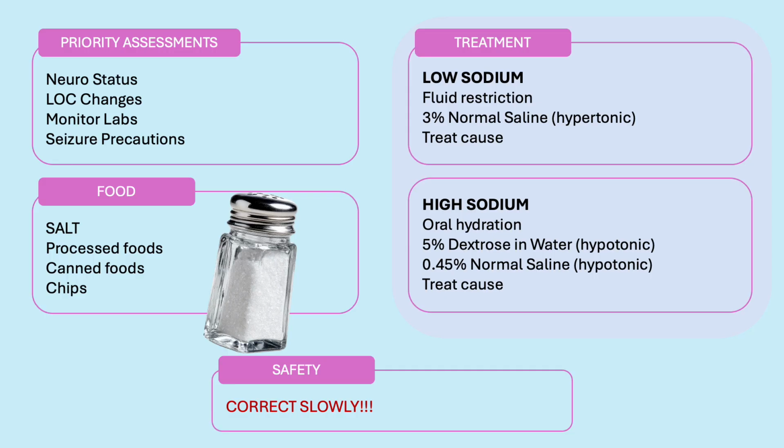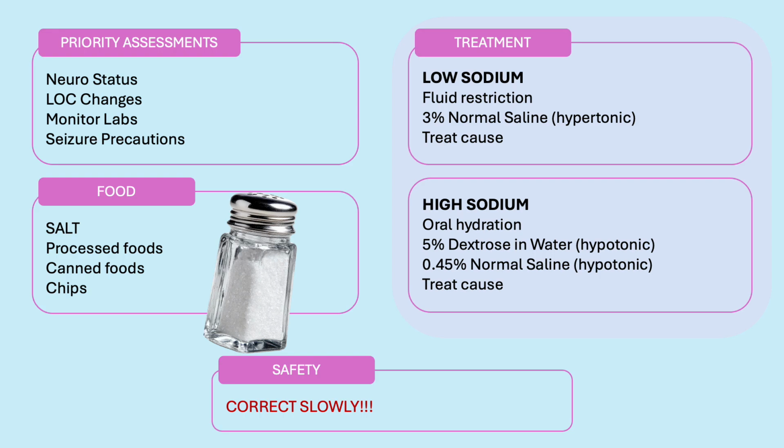All right, this slide has a lot of information on it, and this is where NCLEX questions will live. It's going to be asking what the nurse does, what your priorities are, what you're looking for. So let's take a look. Your priority assessment will be looking for neurological changes, so doing your neural assessments.